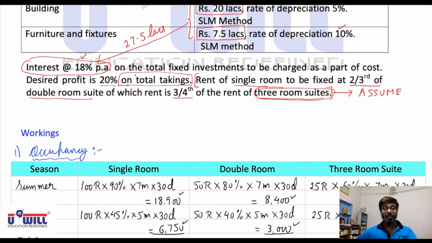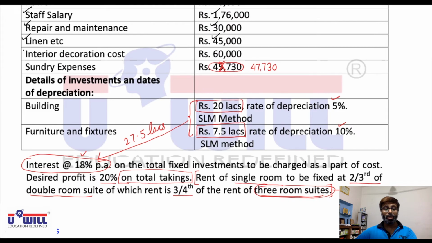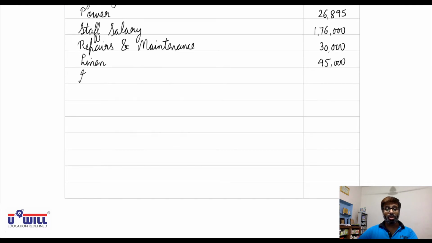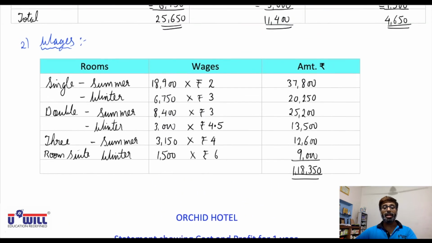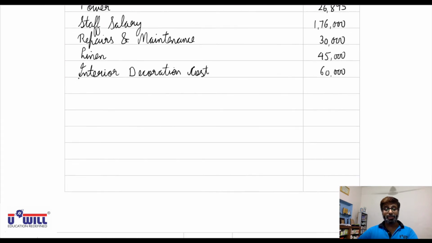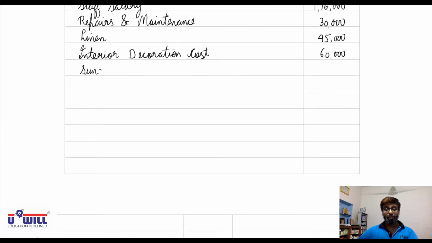Then after linen, we have interior decoration cost 60,000. Then after interior decoration cost, we have sundry expenses. We made the correction 47,730.